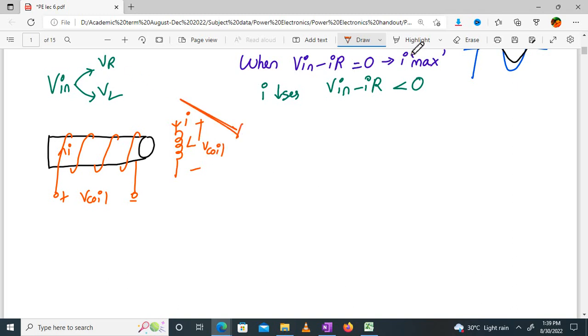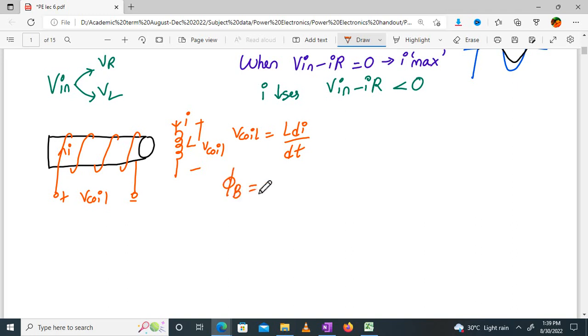We know the voltage across the inductor will be given by L di by dt. But when I say inductor is storing energy in the form of magnetic field, it's generating magnetic flux. Now what is that flux given by?